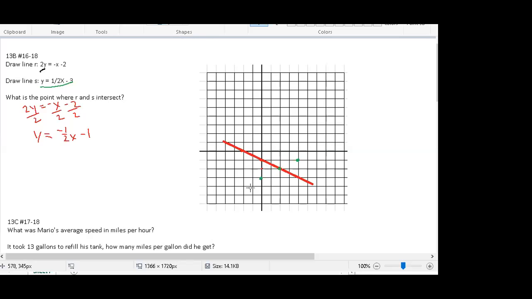And so we can see this line is our S line, and where do they intersect? Okay, they intersect right here, and that's at the point 2, negative 2.